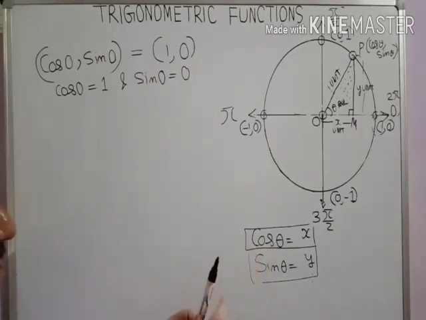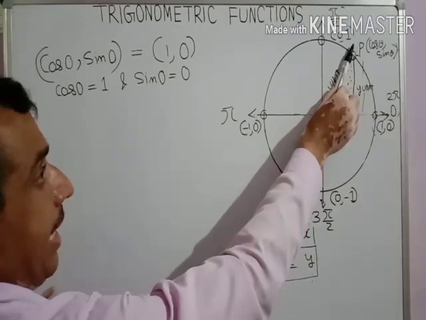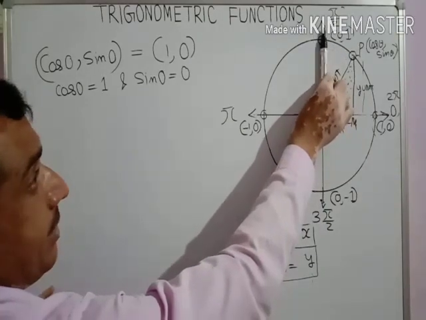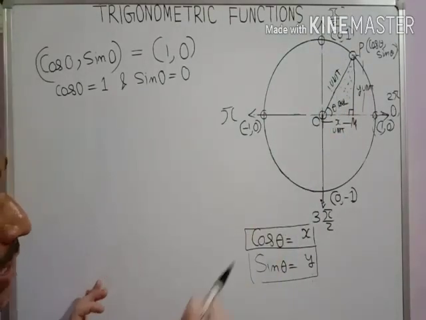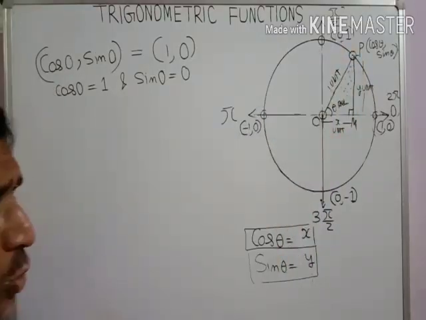Now you visualize this line is moving anti-clockwise and it overlaps this point. Then at this moment this point and this point will coincide.